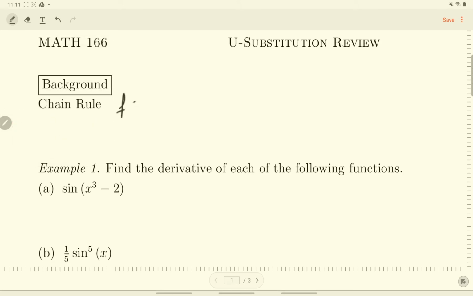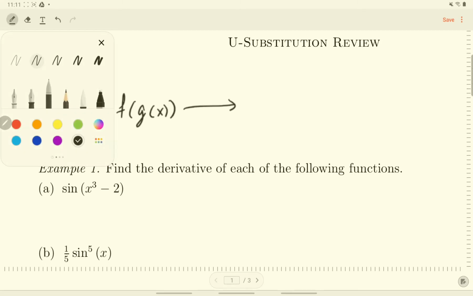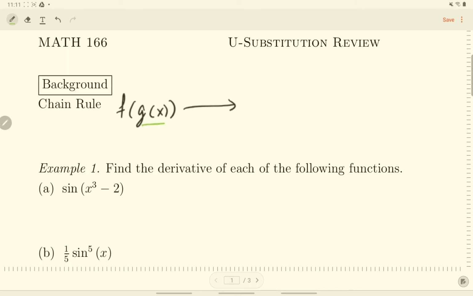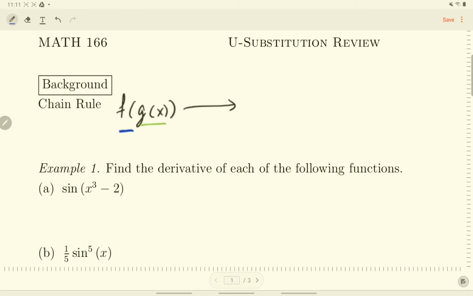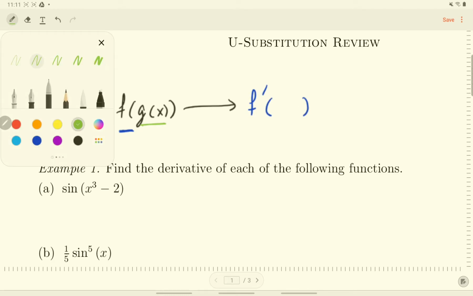If I have one function inside of another, and I want to take the derivative. So I have an inside function, and I have an outside function that inside function was plugged into. The chain rule says that the derivative is the derivative of the outside function, keeping the inside function the same.